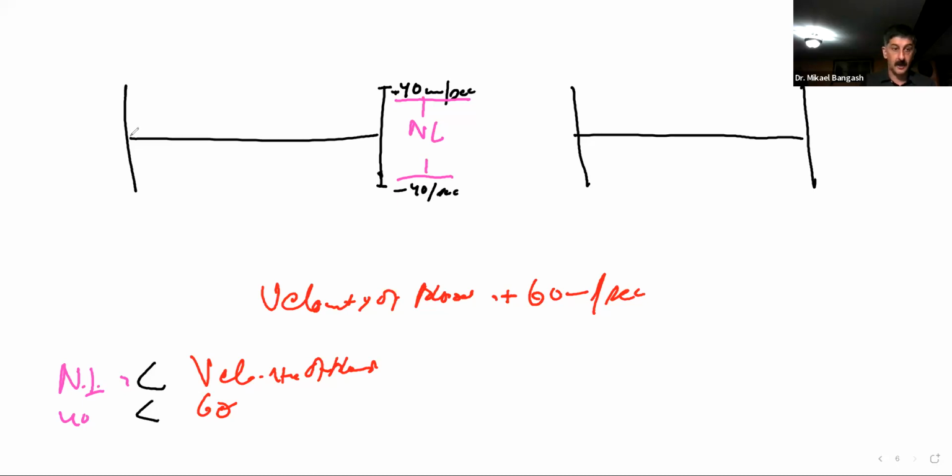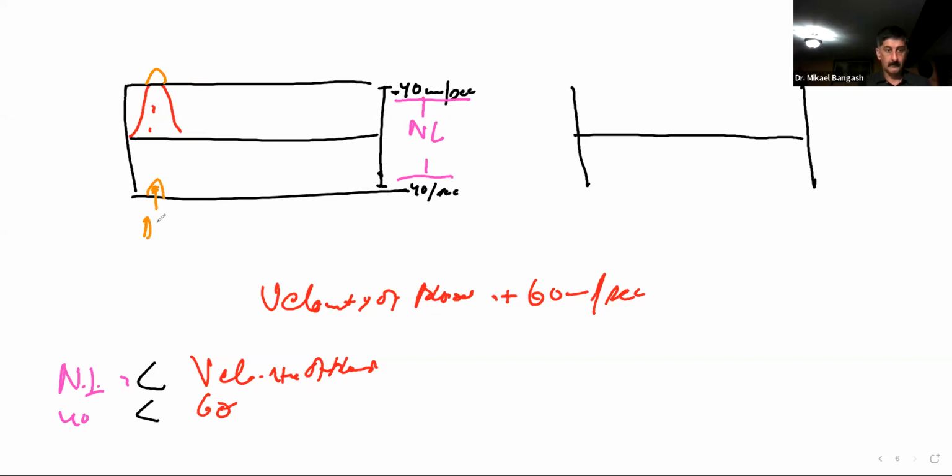As we had a positive Doppler shift, we could measure up to the first 40 centimeters, but the remaining 20 centimeters is going to be shown as aliasing. So why did we get this aliasing here? Mainly because our Nyquist limit was lesser than the velocity of blood.